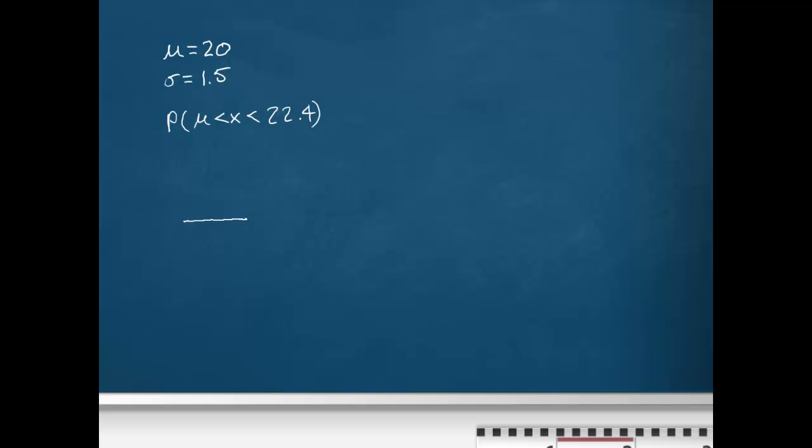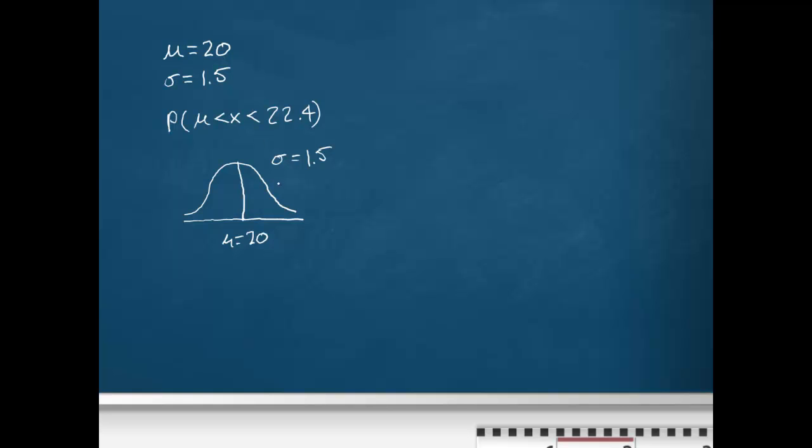So the first thing we need to do is draw a picture of that distribution with a mean of 20 and a standard deviation of 1.5. Then what we'll do is locate the data value 22.4.